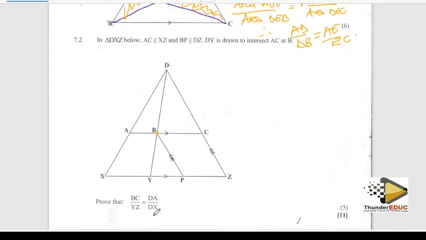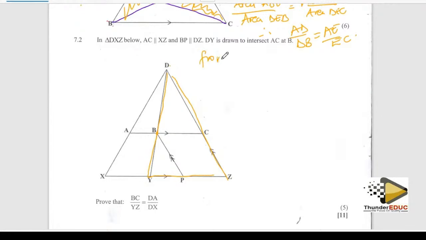When I look at this, I have quite a lot of triangles. I have this triangle that I can use, the big triangle that I can also focus on, but I also have this triangle in the first kind of format.